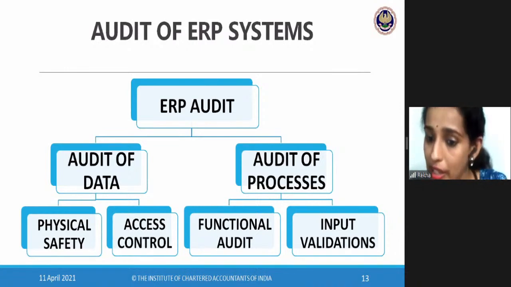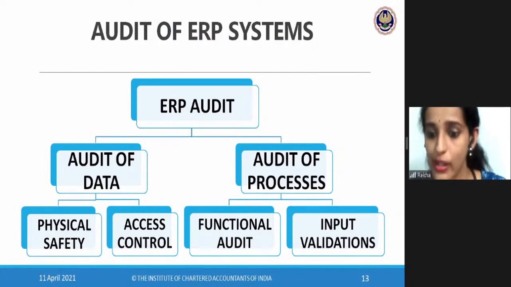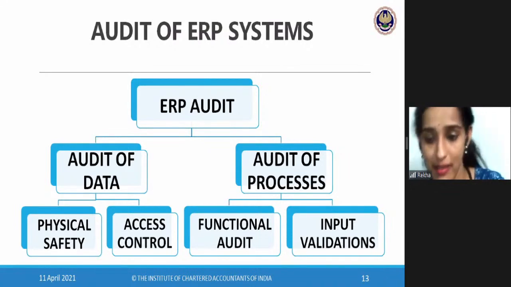Now, how do you ensure the audit of process? Making sure whatever data you are entering is correct, it is as required for that particular function, and the function is also being done correctly. So in functional audit, you will compare whether the function is done as desired, that is, what should be the actual output and what is carried out by the ERP, both are comparable. In input validation, you will check whether whatever data you are giving is as required by the system.